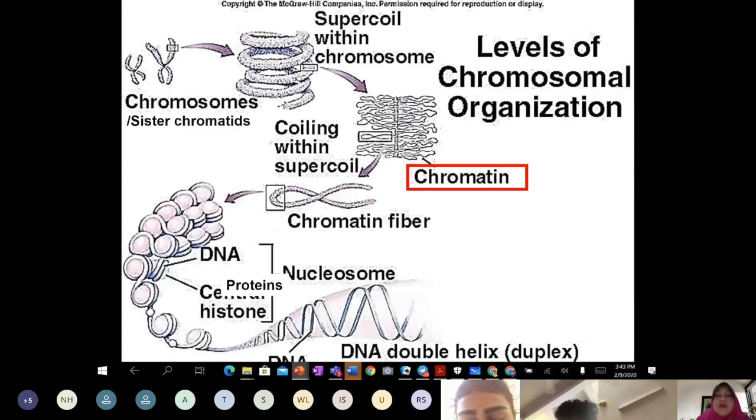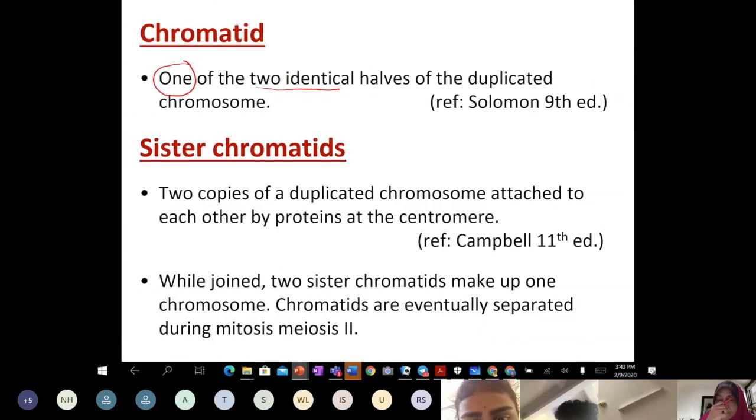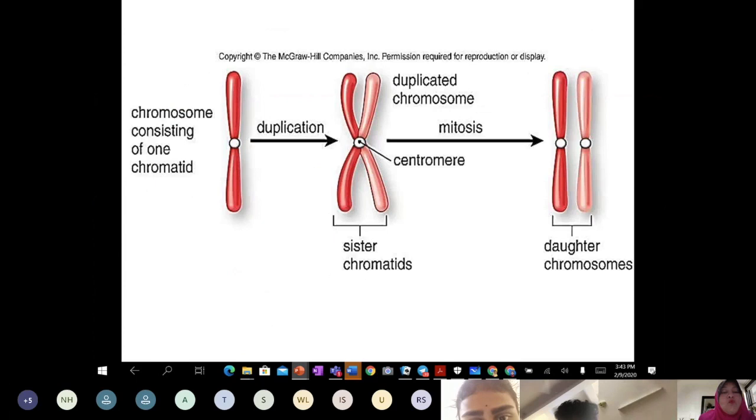Class, this diagram we have discussed before. Previously, teacher asked you. This one is a single strand like this. We call it a chromatid.